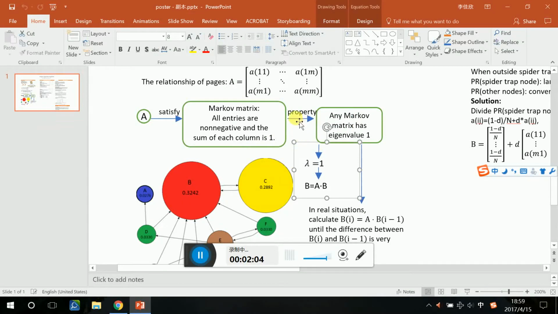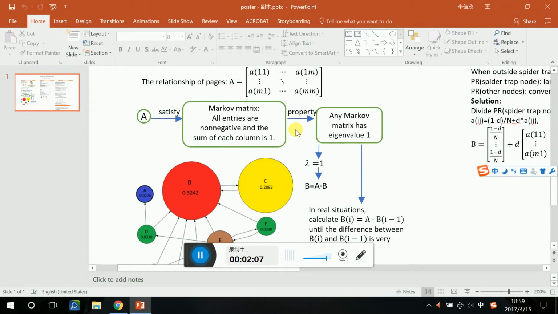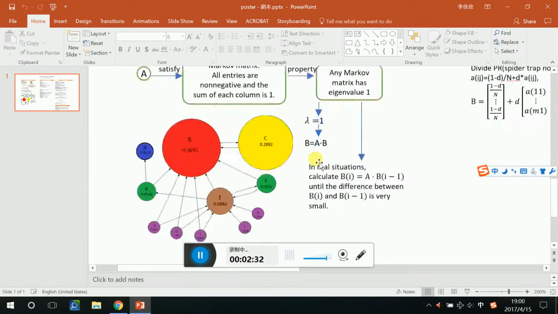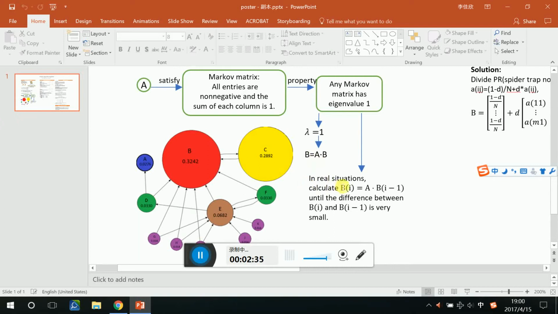It has a special property that it always has an eigenvalue equal to 1, so we are sure to find an eigenvector B corresponding to eigenvalue 1, so that B equals A times B, and the property of eigenvectors can guarantee the stability of the result. But in real life, we just need to calculate Bi equals A times Bi minus 1 until the difference between them is very small.